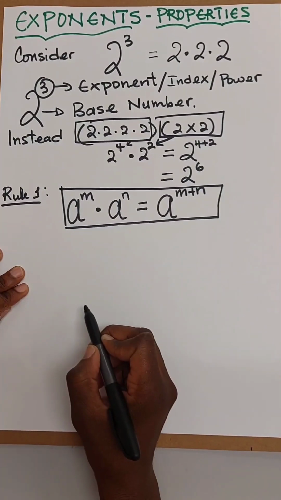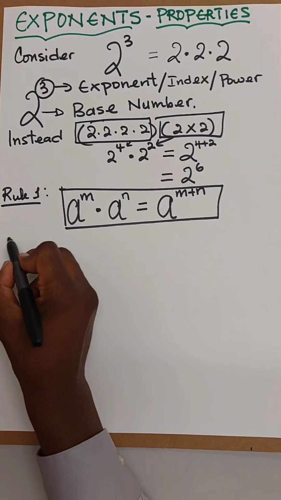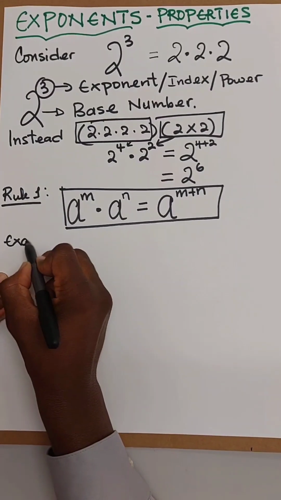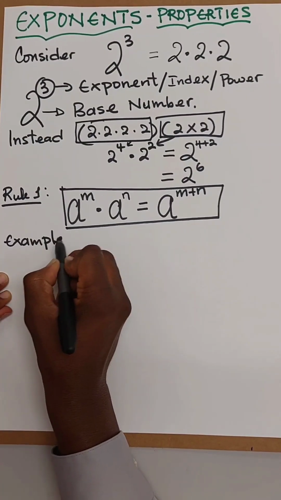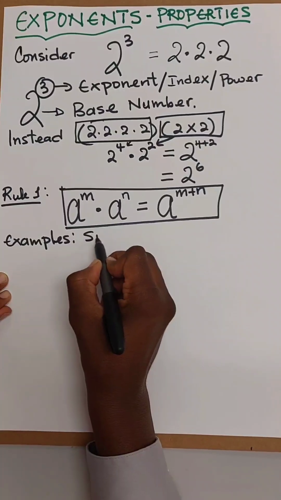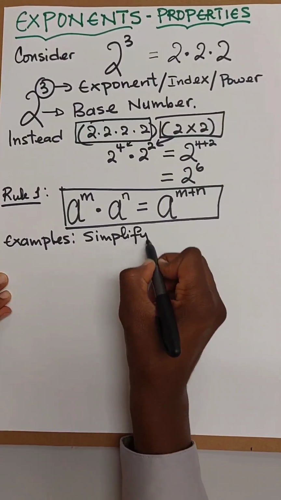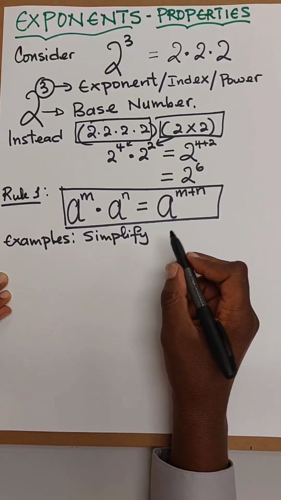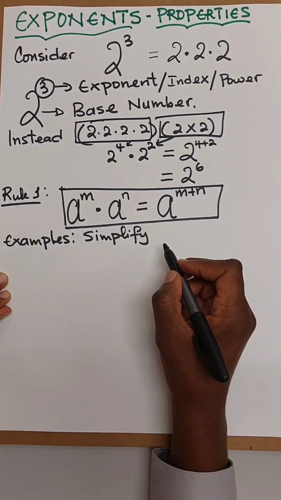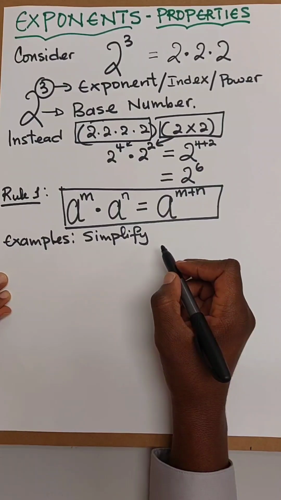Let's take some examples that can make use of this rule. You will always see the word simplify means apply some properties of exponents until it is in a form where it is very reduced and you cannot apply any more properties.